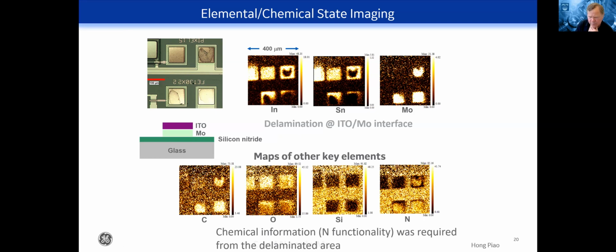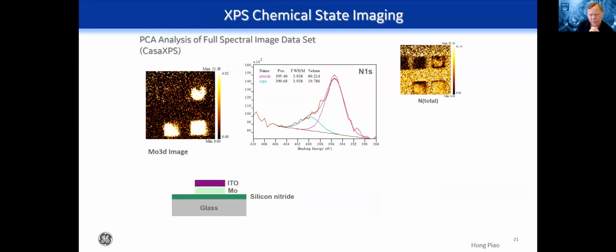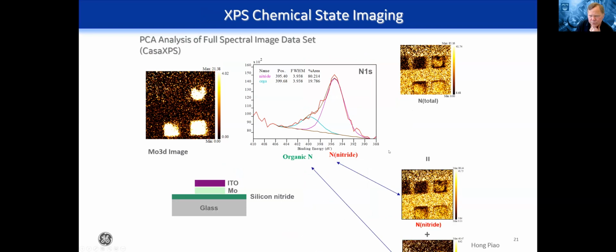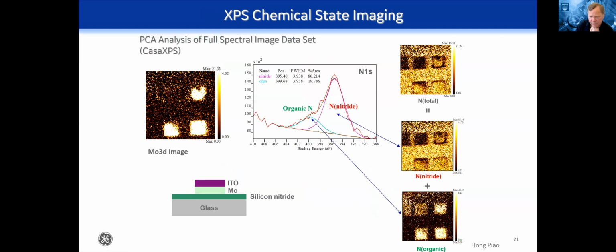But the team that requested analysis wanted even more information. So my colleague Hong, who was doing this work, used principal component analysis of the full data set. And what she was able to do is deconvolute the nitrogen signal and image into the two components.